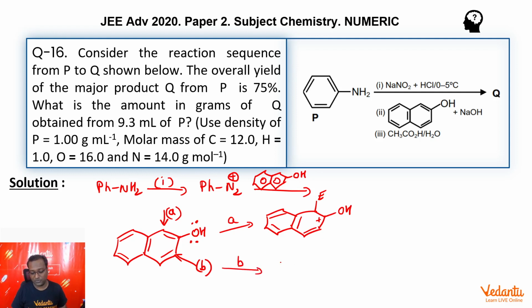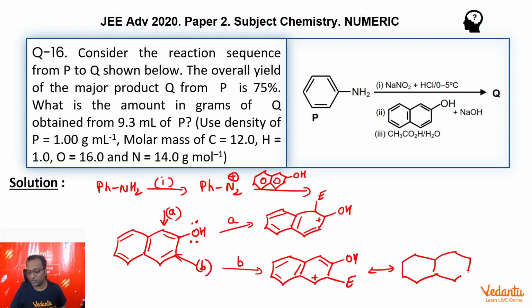Now, if we do that for B, let's attach the electrophile at the B position. We get a carbocation here. Now, the moment I resonate it, the benzenoid nature of the rings is lost. Let me show you that. The moment I resonate it, I bring the positive charge here. The pi bond comes here. There's already a pi bond here.